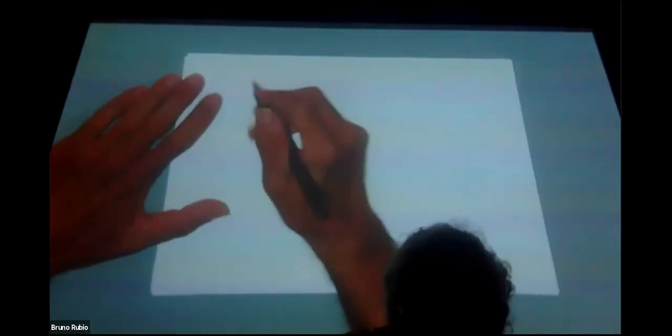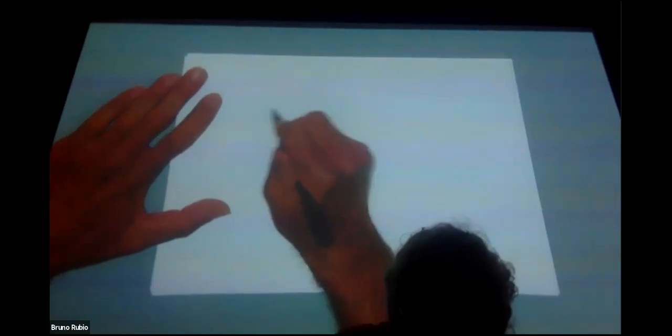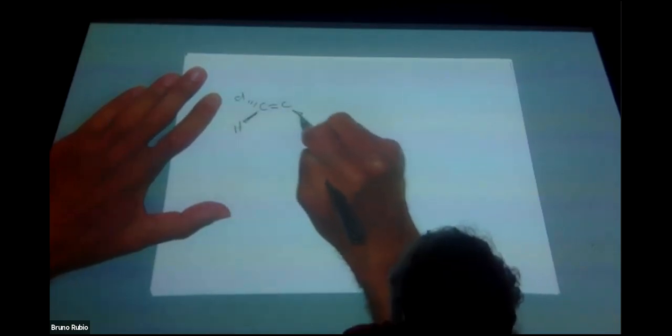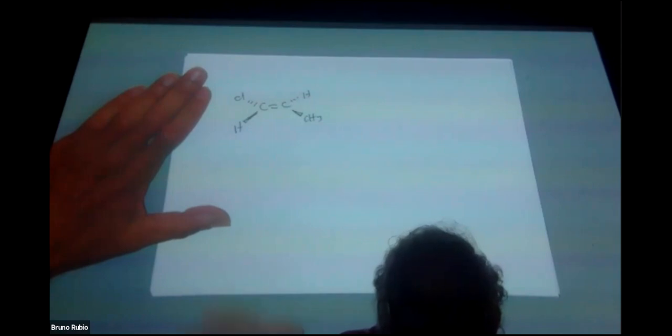You can do a Newman projection of sp2 carbon, but it's going to look different. You're looking at something maybe that looks like this. Right there, I'm looking at an alkene on edge, right? Not face on.